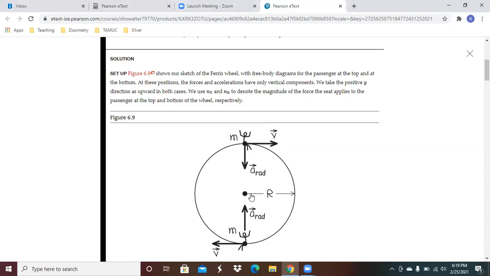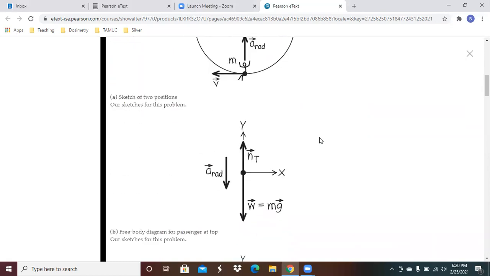And the radial acceleration is pointed this way. At these points, the forces and accelerations have only vertical components. We're going to take the positive y direction as upward in both cases. We're going to use n sub t and n sub b to denote the magnitude of the force the seat applies to the passenger at the top and the bottom of the wheel.